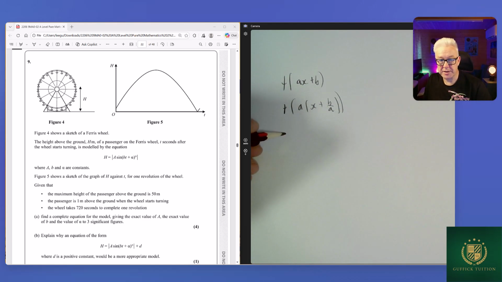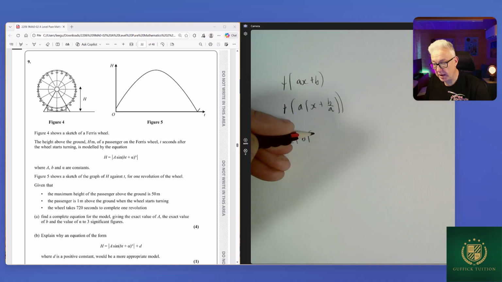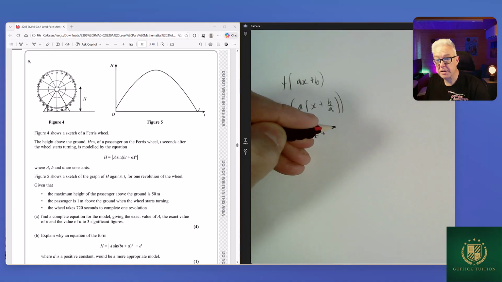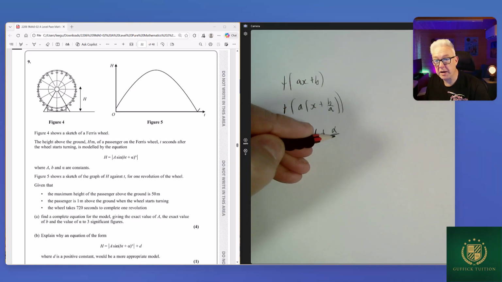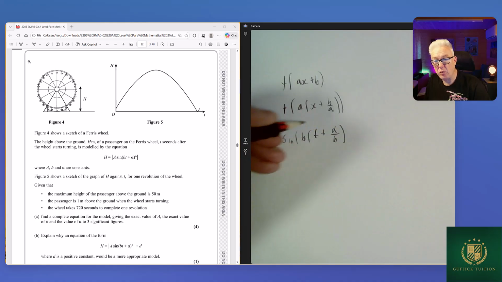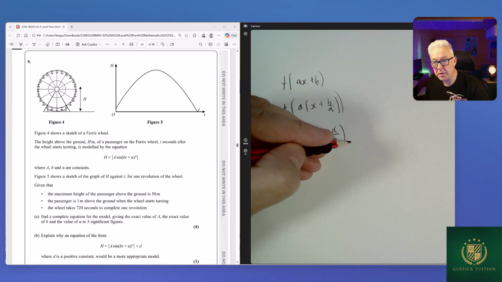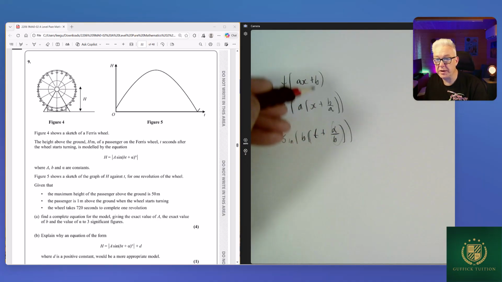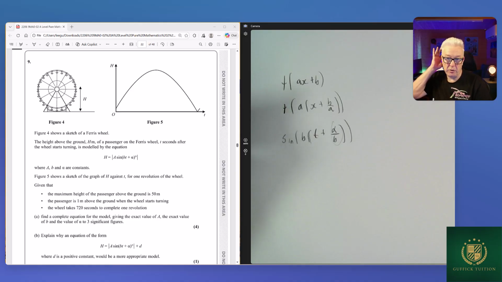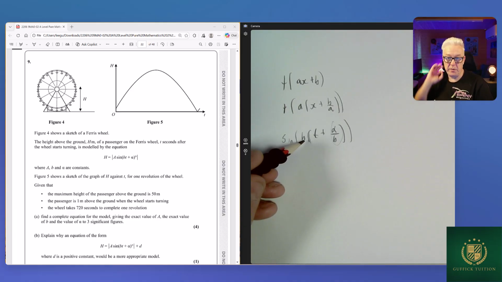So in our situation, what we've got is sine of b times t plus alpha over b. Now, we don't need to worry so much about this term. We already know what this one is. We've been able to find that out already. But it's this term that we need to find out.